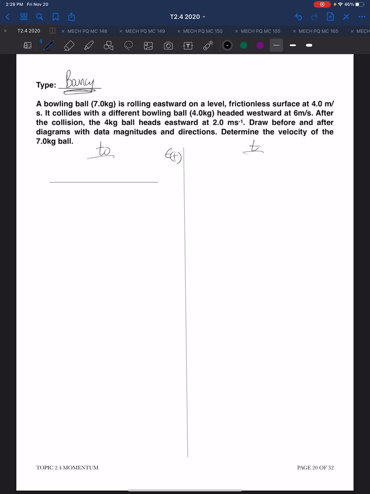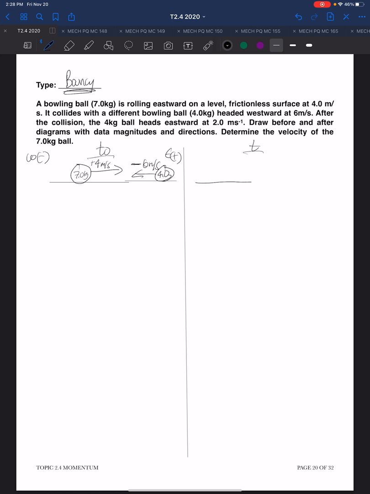East is positive, west is negative, so it's plus 4 meters per second. There's a different bowling ball, 4.0 kilograms, headed westward at 6 meters per second. Its speed is 6 meters per second, but its velocity is negative because it's headed in the negative direction.